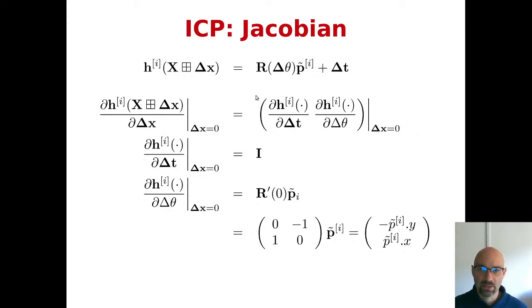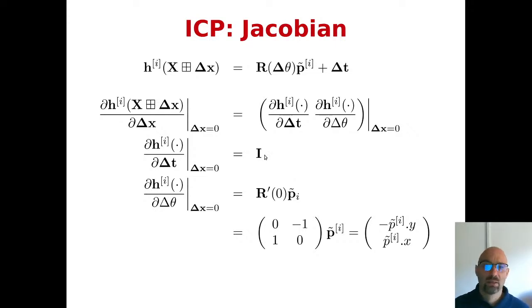So this object here will be 2 by 3. Now the derivative of this object with respect to delta t is quite trivial, right? So here I will have a 2 by 2 block, which is this thing derived by delta t, which will be the identity 2 by 2.